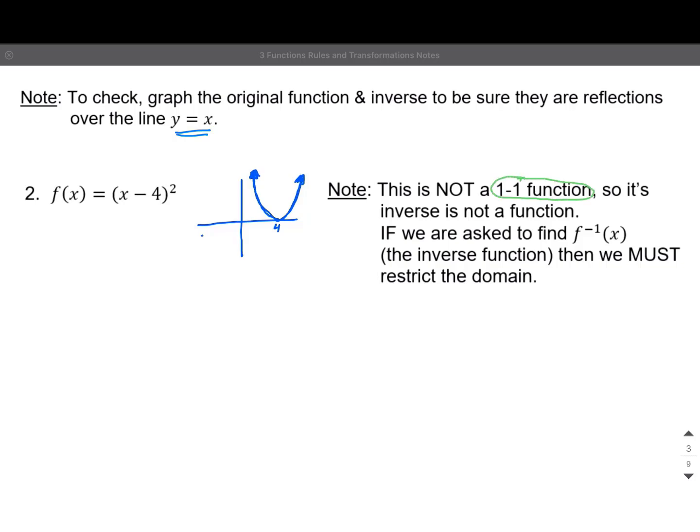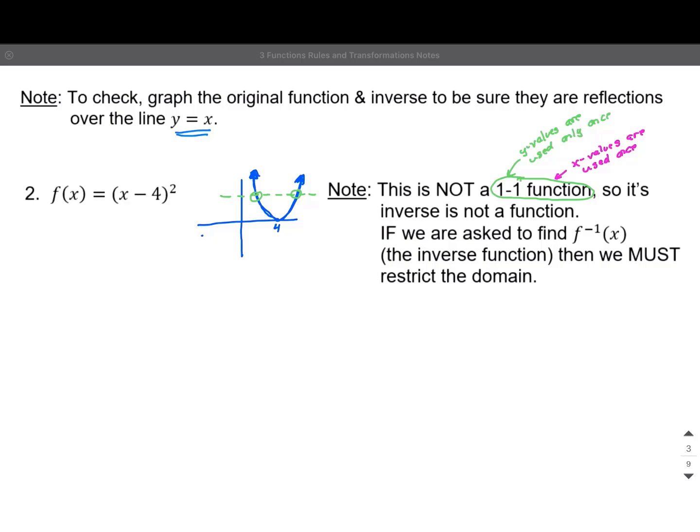What does that mean? Well, a function means that the x values are used only once. The fact that it's one-to-one means the y values are used only once. Now, if I was to draw a horizontal line where all the y values are the same, it hits this graph twice, which means that those particular y values are used twice.